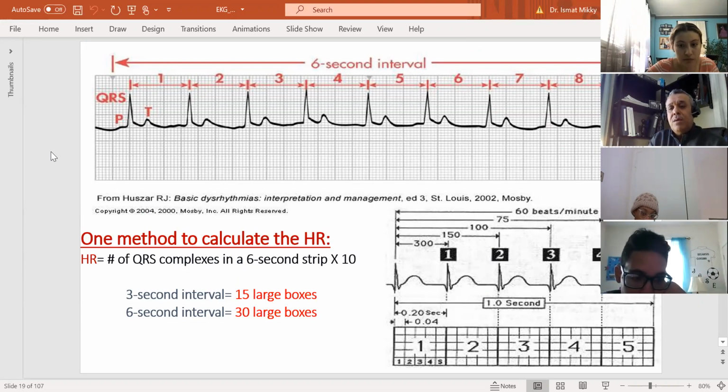Can you just explain the U wave again? Because I'm not familiar with that till now. Yeah, the U wave is the late repolarization phase. Repolarization means the relaxation phase of the myocardium.